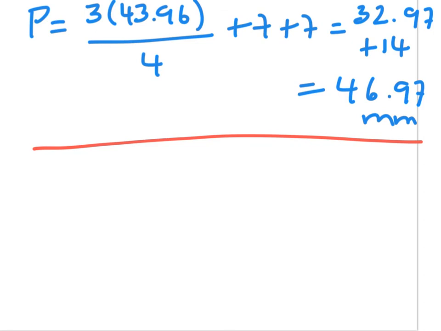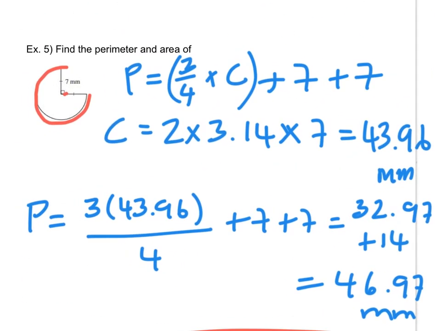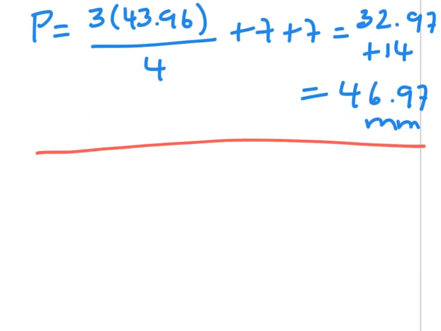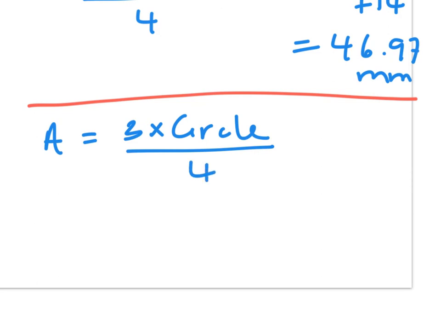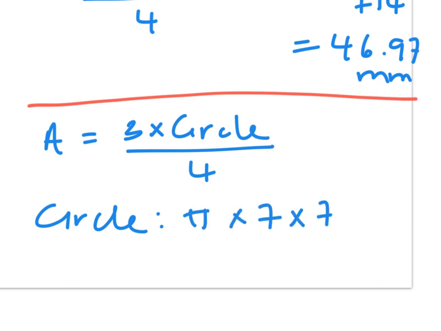And finally, area. If you look at this whole shape, this is exactly 3/4 of a circle. So you find the area of the circle, you find 3/4, and you're finished. The area is equal to 3 times the circle divided by 4. The circle's area is pi times 7 times 7, which works out to be 153.86 millimeters squared.